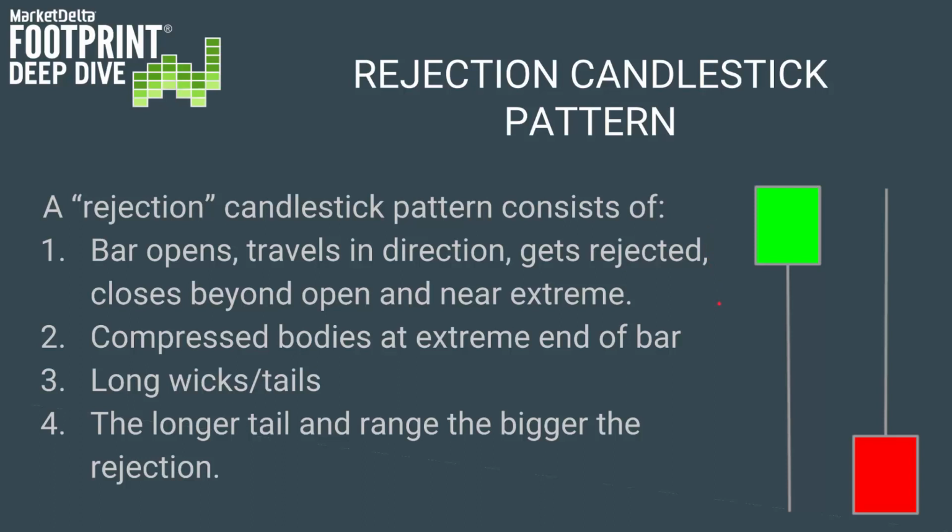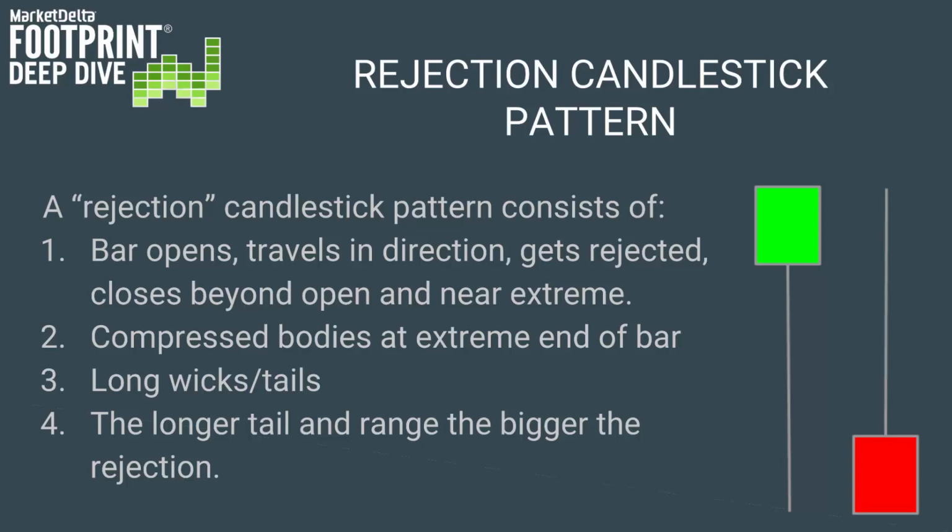It has a compressed body at the extreme end of the bar, and it has long wicks or tails. A lot of times the wick or the tail will be 2 or 3 times the length of the body. The longer the tail and range, the bigger the rejection.